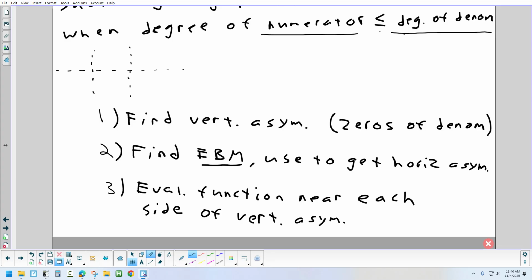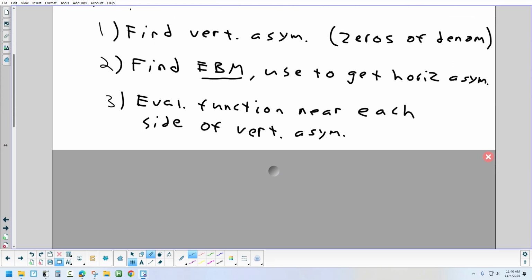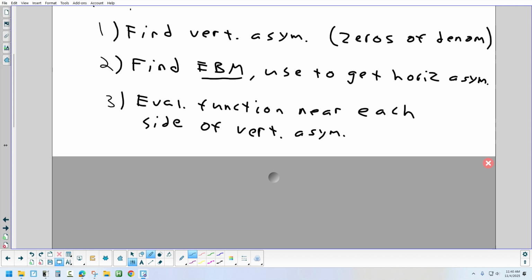Don't plug in 2, because that's the asymptote. Plug in numbers close to it and see what happens. And whatever's happening, we're going to put a dot on the graph to show what's happening. And then step 4, you're probably going to need a few more points. And we're going to use the calculator to help us get those.